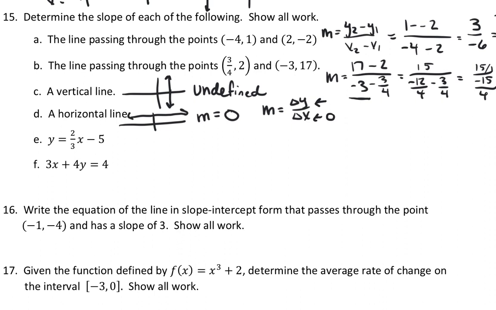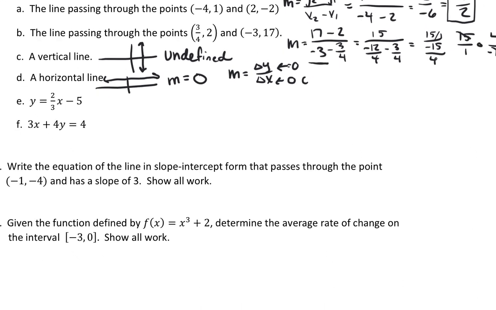But in D, the y values aren't changing and the x values are changing. So that means the change in y is equal to 0, so m is equal to 0. If that makes any sense.